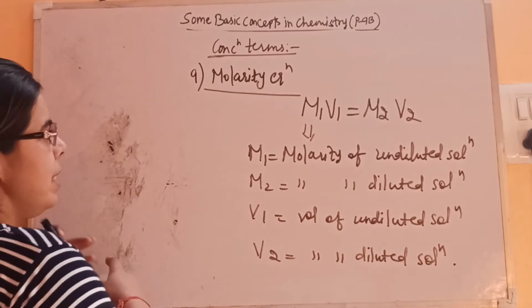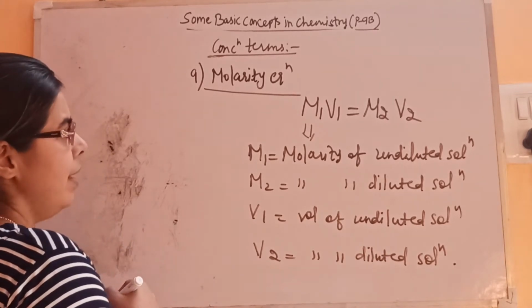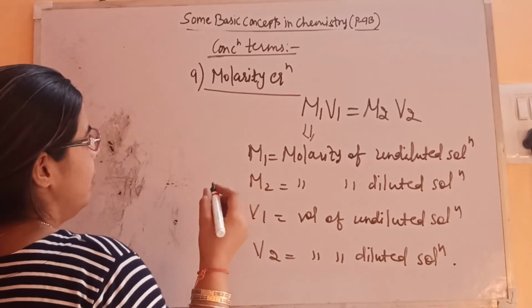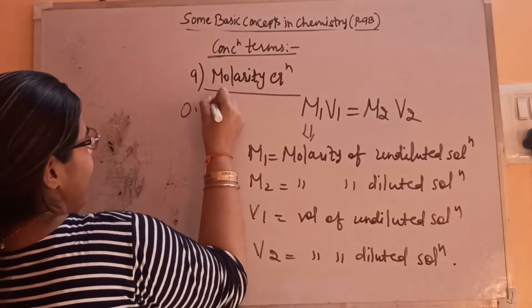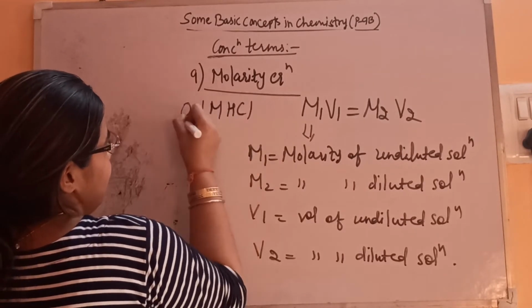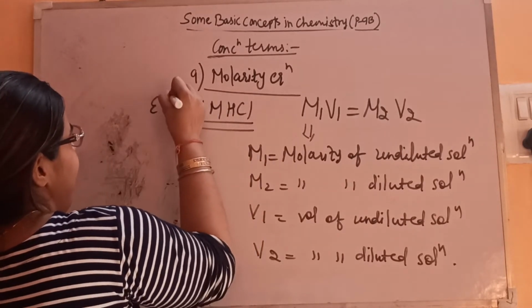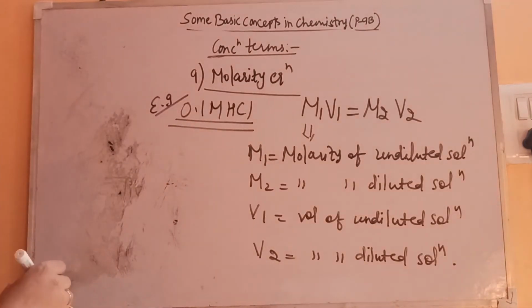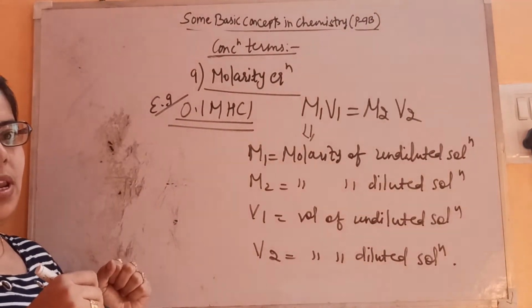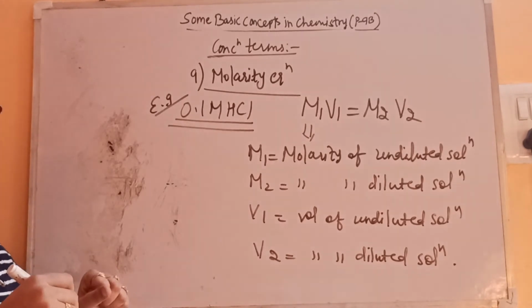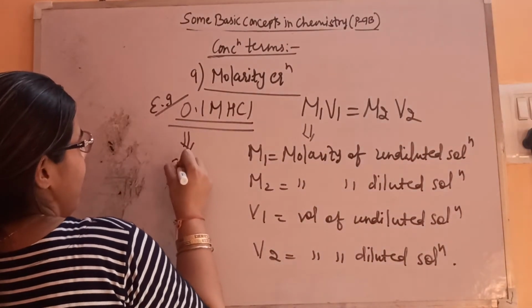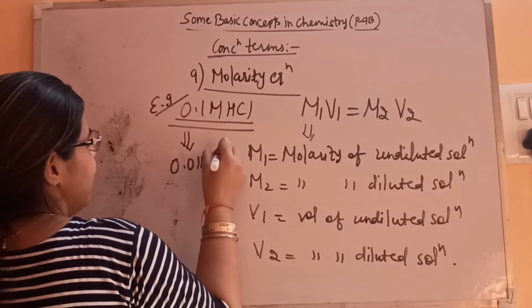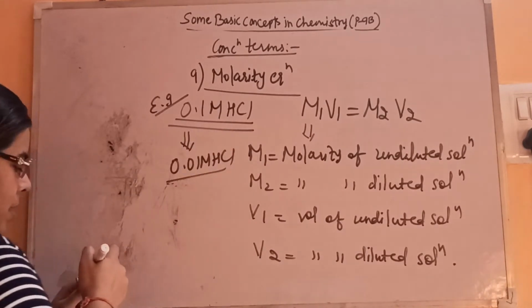Fine. See, suppose we are having a 0.1 molar HCl solution. This is the example that I am giving to you. I'm having the 0.1 molar HCl solution, and my question is, you have to prepare a 0.01 molar HCl solution out of this.